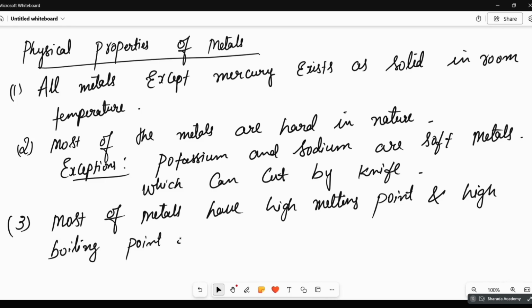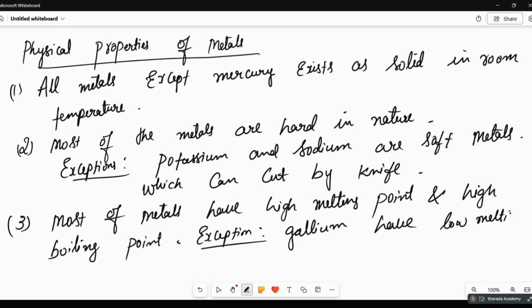Other than that, gallium is also an example where the melting point is low. Exception we can write: gallium, which has a low melting point. So these exceptions you should remember because they ask more questions on them.